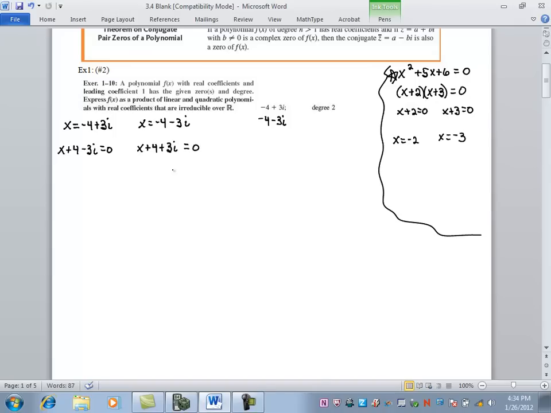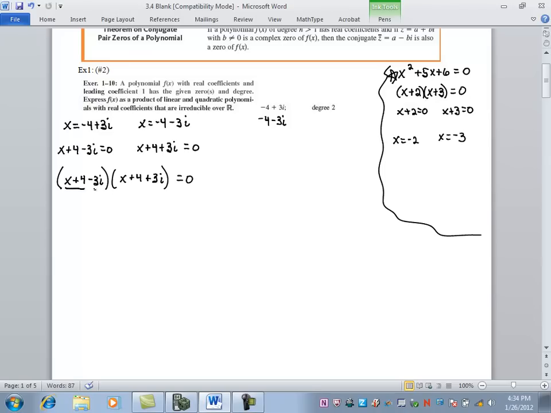And now, look what we did. Once we got these set equal to 0, we multiplied them together. So here we go: x plus 4 minus 3i times x plus 4 plus 3i. This equals 0. Alright, now let's take a look and see what's going on.